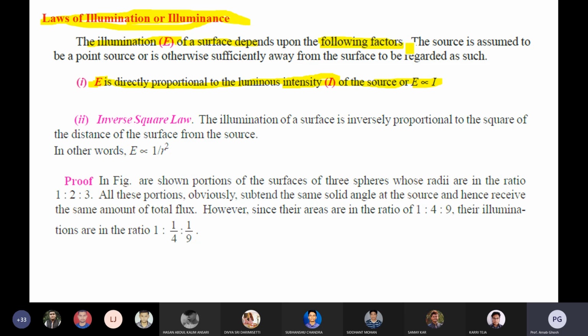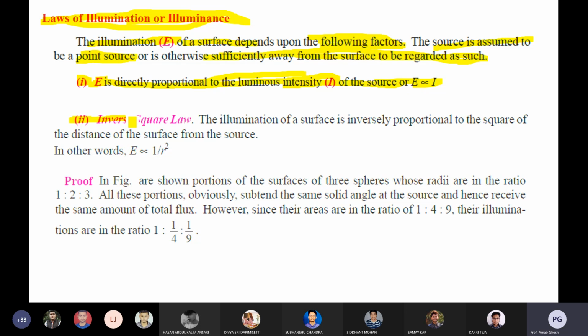The source is assumed to be a point source, or sufficiently far from the surface to be regarded as such. How far it is from the surface is also an important factor. So the first law: E is directly proportional to I of the source.